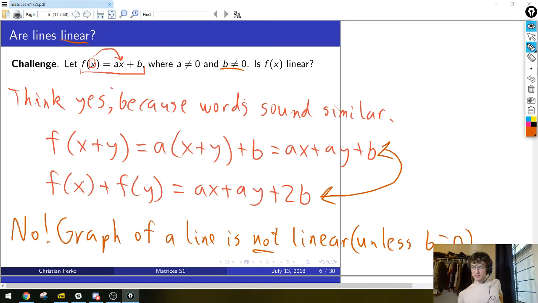I just want to emphasize that this is a different definition. We're using the word linear in a different way than the way you might be used to. Good. So is it clear now that these lines are not linear, even though we maybe initially thought yes? Yes. Sweet. Okay.